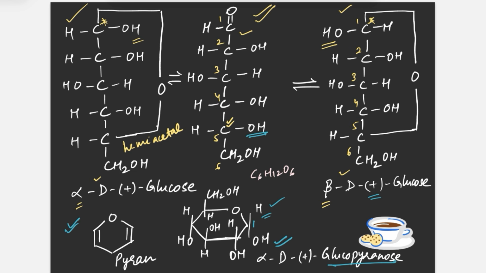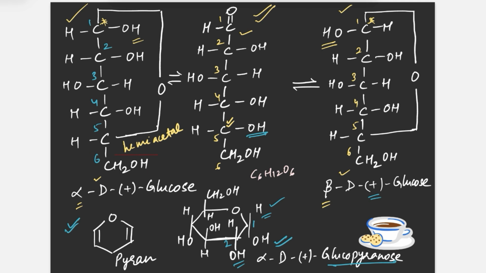Similarly, on the second carbon, this is the second carbon, this is the first carbon, 3, 4, 5, 6. Second carbon OH is on the right hand side, so it is shown below the plane of the ring. So, in this way the ring structure of glucose can be written.